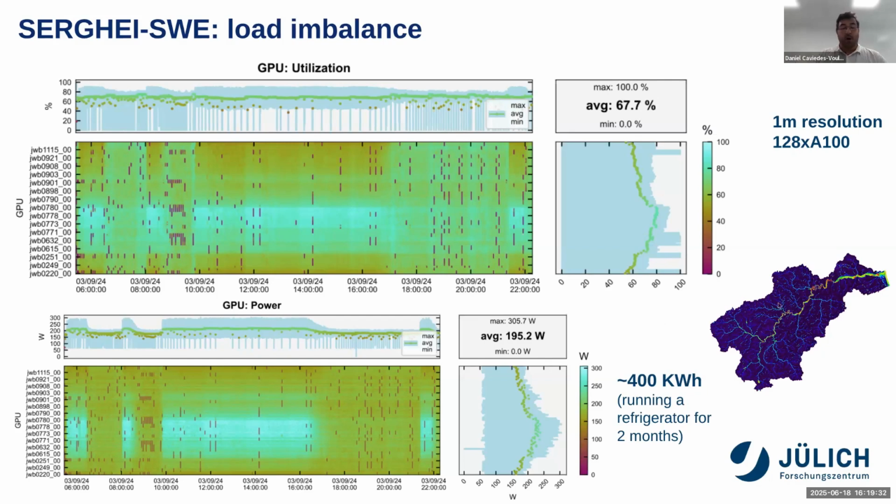So as it becomes obvious from looking at the shape of the catchment, the central parts of the domain have most of the load. So evidently this requires some kind of rebalancing to get better results in space already, but you can also see that in time there's increases and decreases of load.